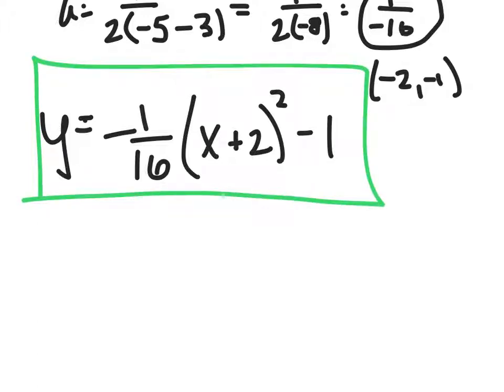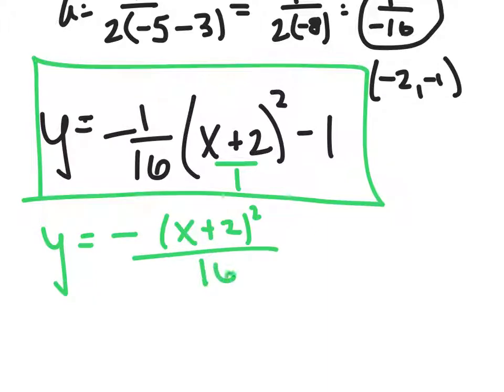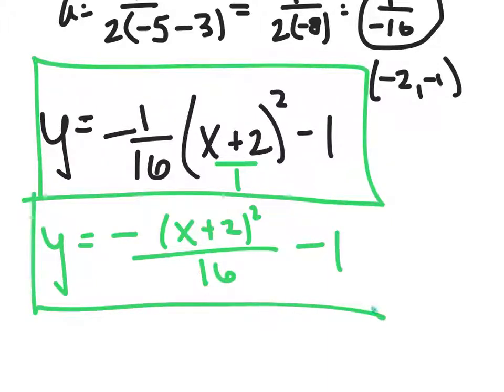So if that's not the choice, here are your options. They could put this technically over 1 and multiply the tops and bottoms. So you could see y equals negative x plus 2 squared, because I'm doing this times this, all over 16 minus 1. So let's box that in. That's another solution. Same thing, just written differently.